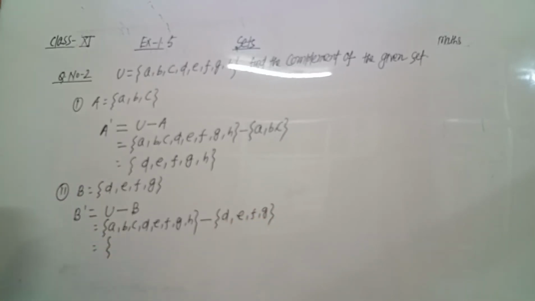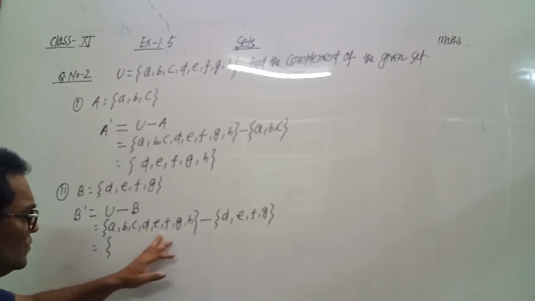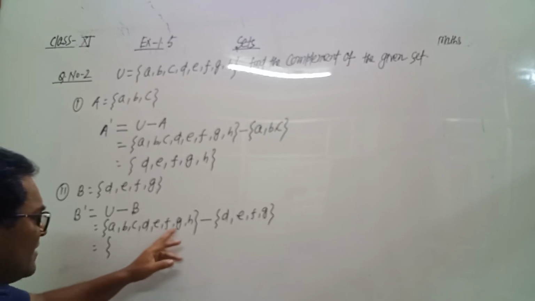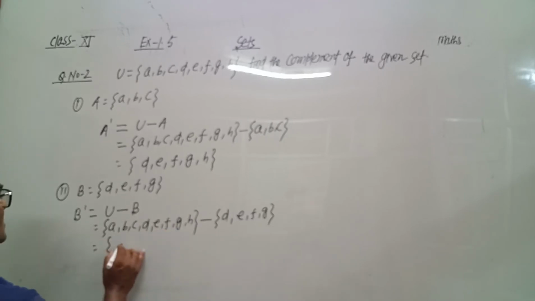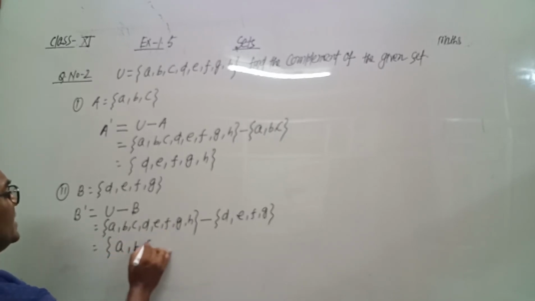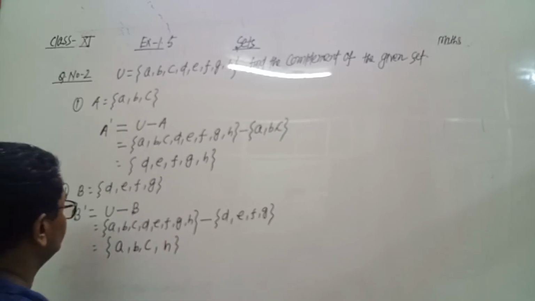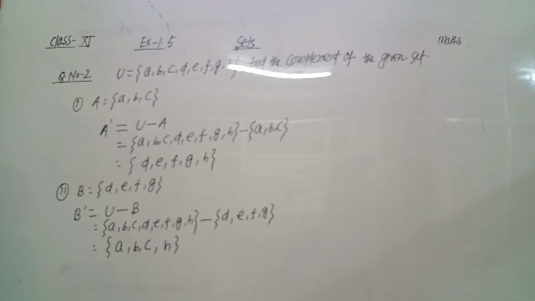So those elements of set U which are not in B. We exclude D, E, F, G, so the result will be {A, B, C, H}. This is the complement of B.